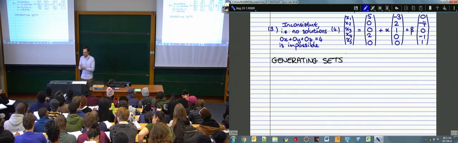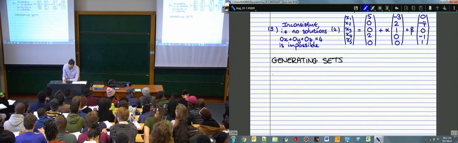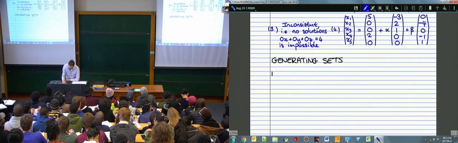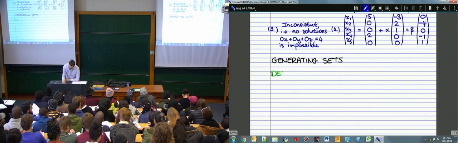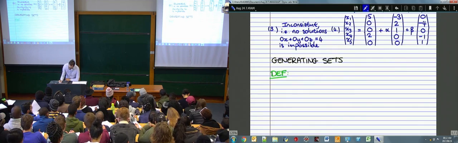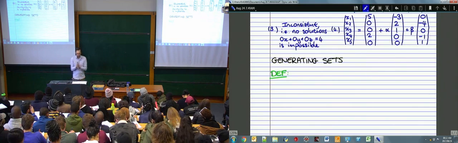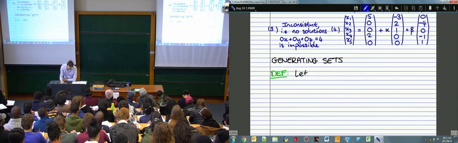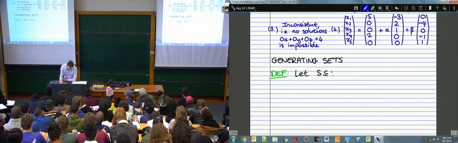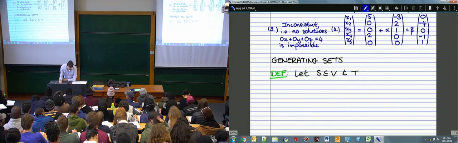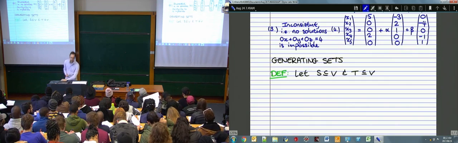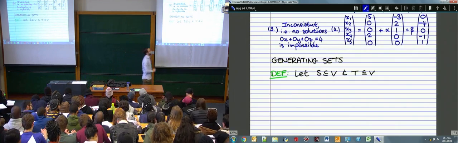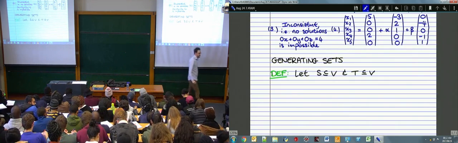And we'll start with a definition. Sorry, I'm doing definitions in green. We'll start with the definition. So we have 2 subsets of a vector space.